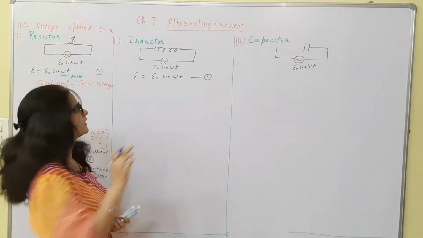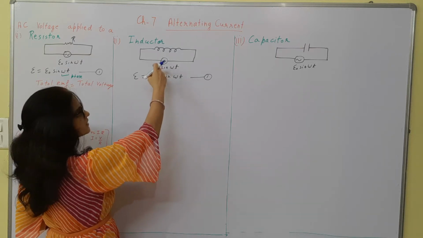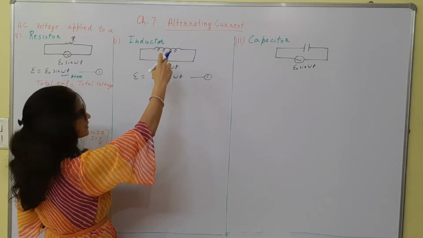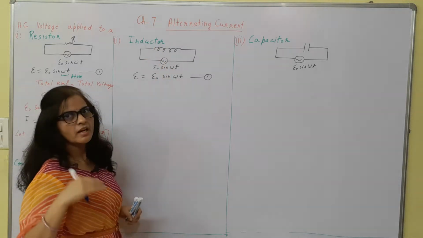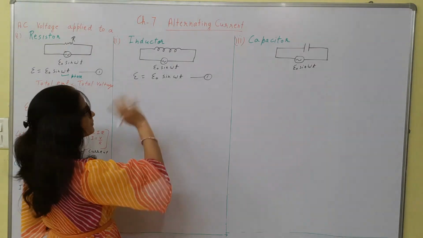Now we know that this is time varying EMF. So as this EMF changes, or you can say that the current changes here, and that's why an induced EMF and induced current is developed here.